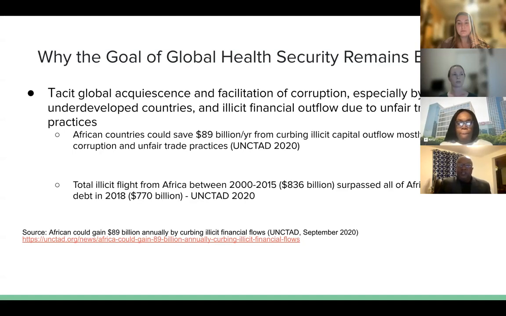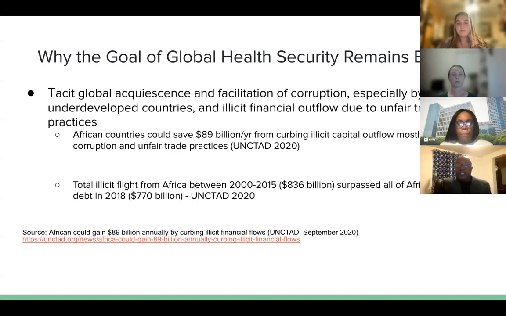For example, the United Nations Trade Group estimates that Africa could save $89 billion a year just by curbing illicit capital outflows, mostly from corruption and unfair trade practices. This is money that can otherwise be used to address health issues, build health institutions, and also surveillance and reporting infrastructure.